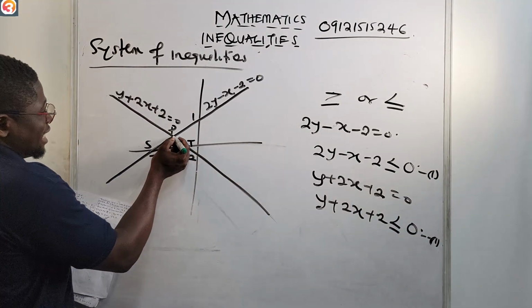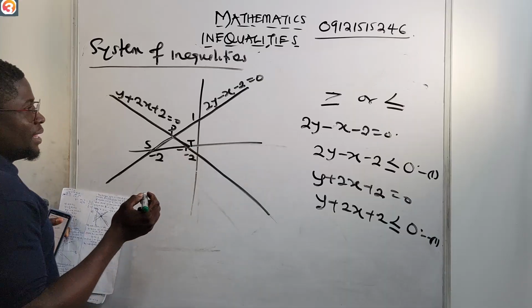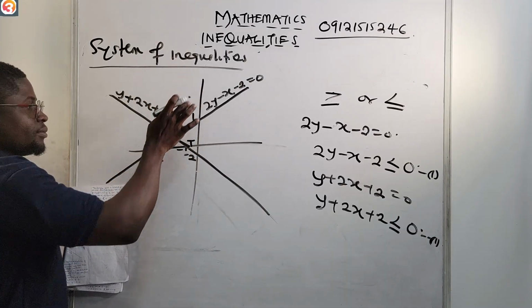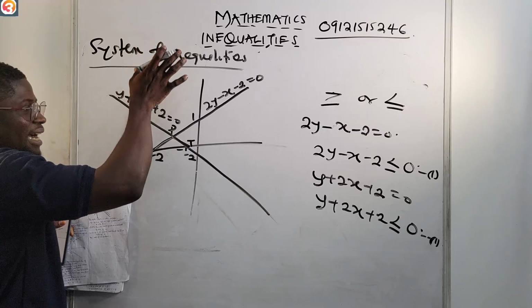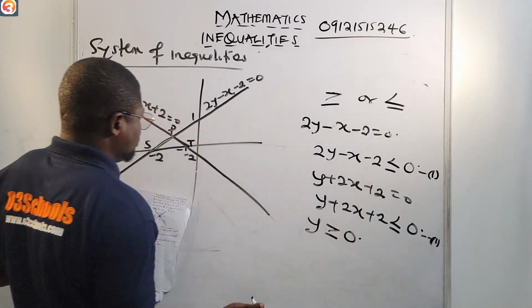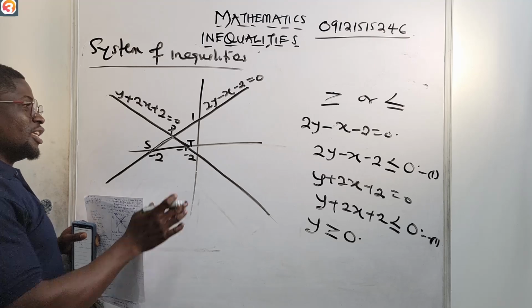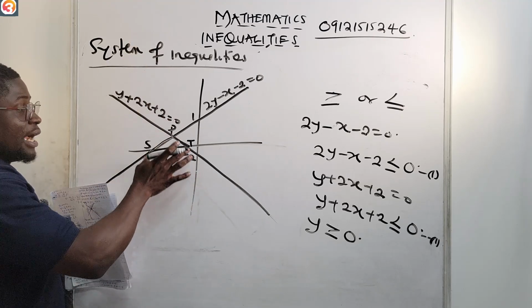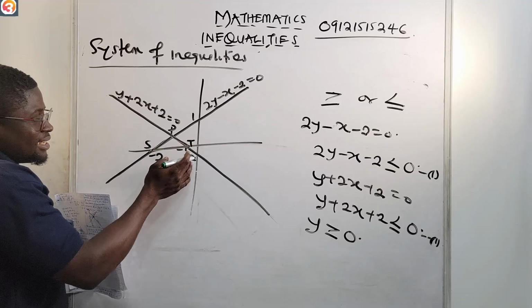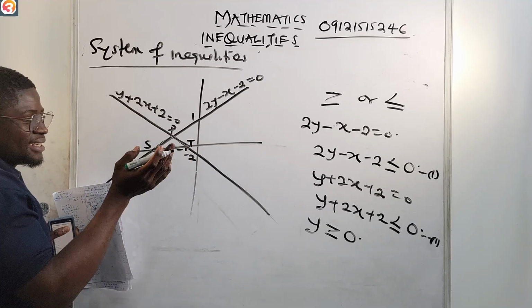Now, this triangle PST, as you can see very vividly, is above the x-axis. For that reason, it means that y is greater than or equal to 0. Also, this triangle PST is on the negative side of the x-axis.